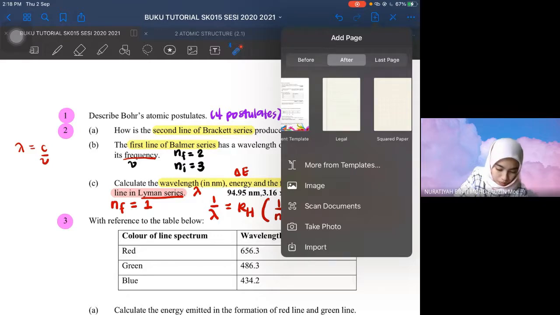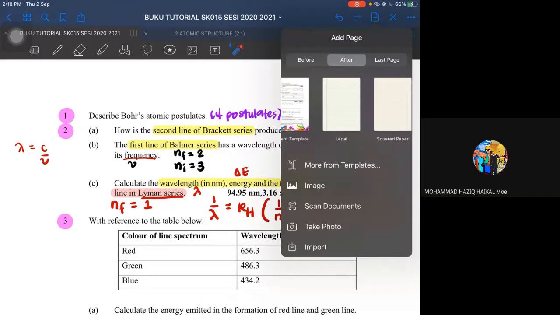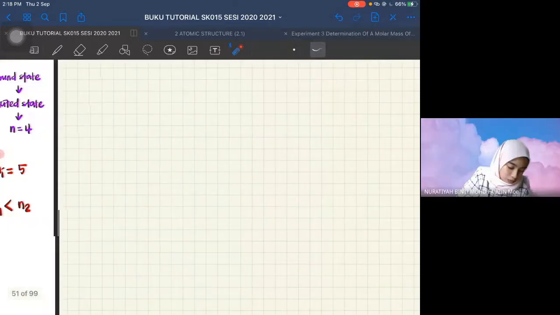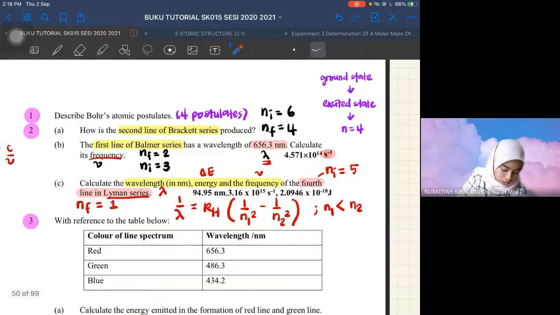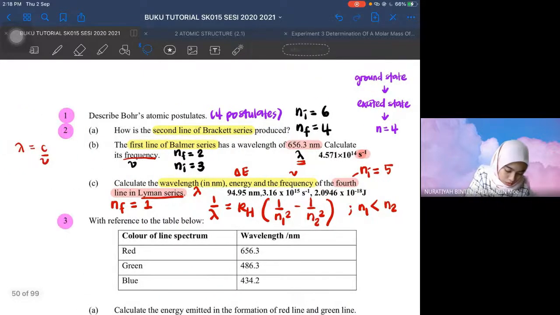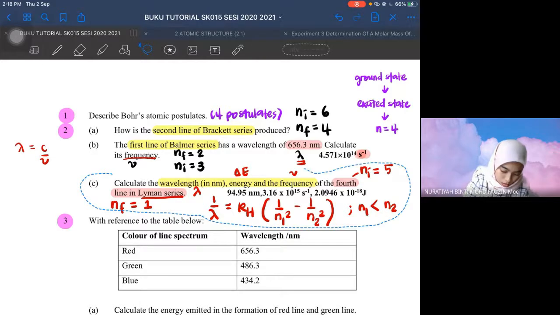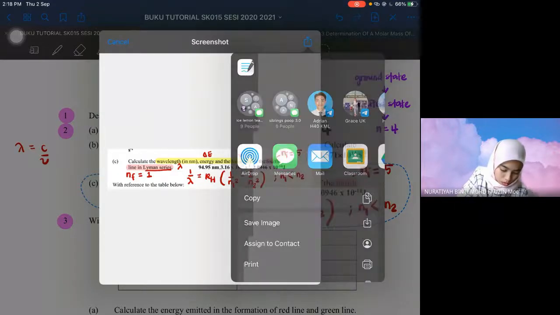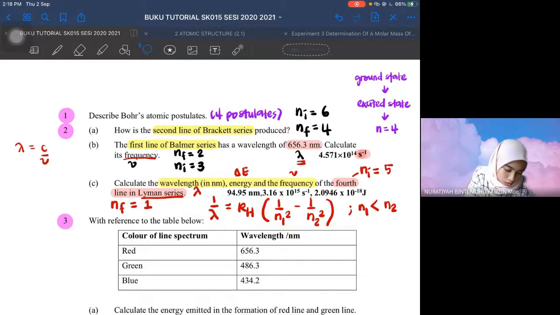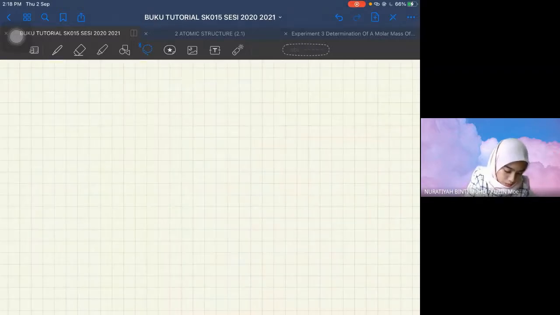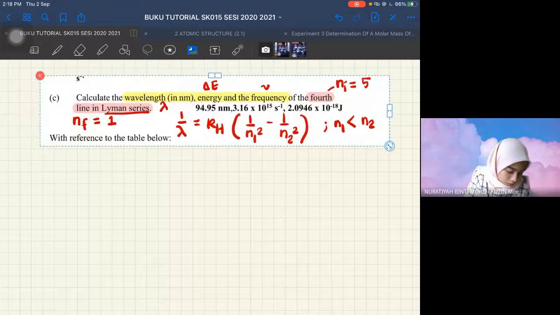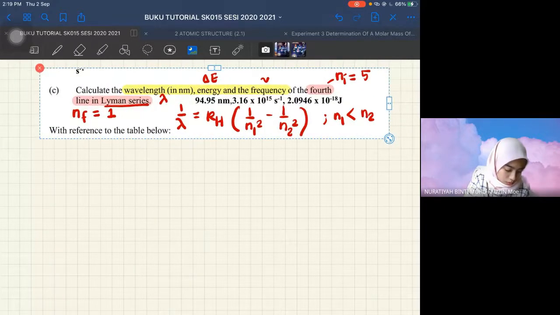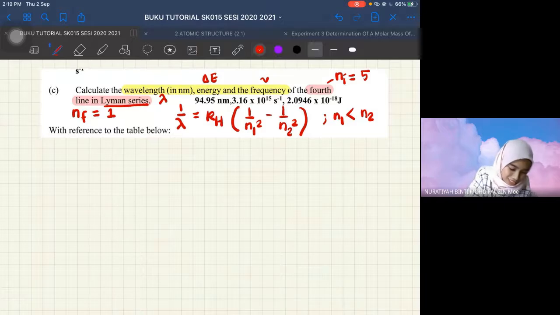Yes. Okay, let's do it. I'll just take a screenshot, copy. Okay, so we want to find the wavelength.